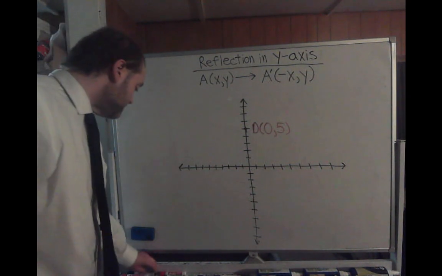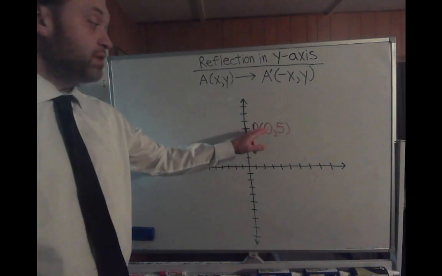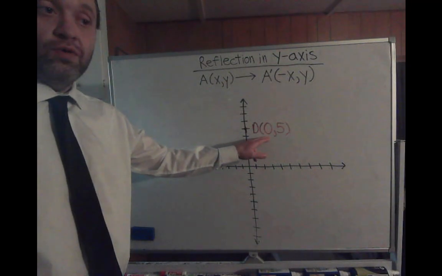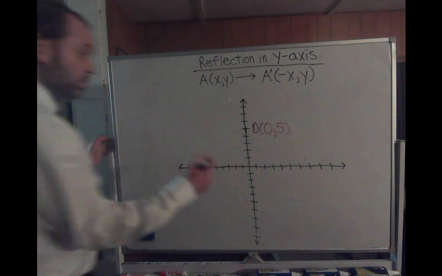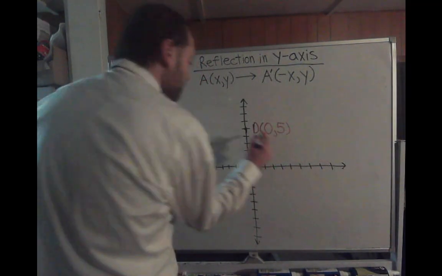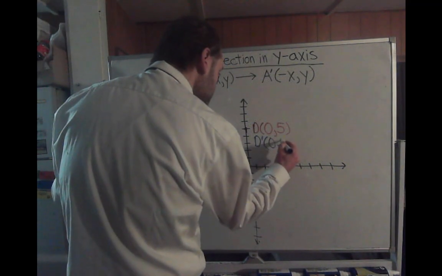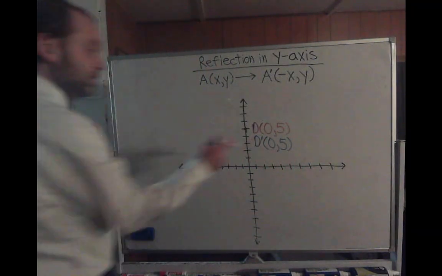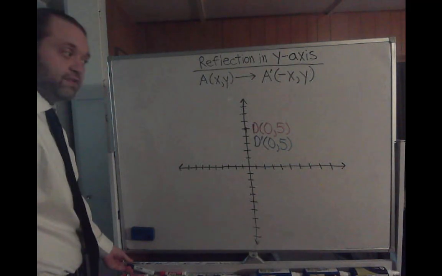So, to find D prime, I'm going to take the negative of my x-coordinate. Well, negative of 0 is also 0, right? But you're still leaving the y-coordinate alone. Well, you go nowhere. You can have cases, if it rests right on the axis, where D and D prime are the same coordinate. So there's literally no change. D and D prime are one and the same at 0, 5 in this case.